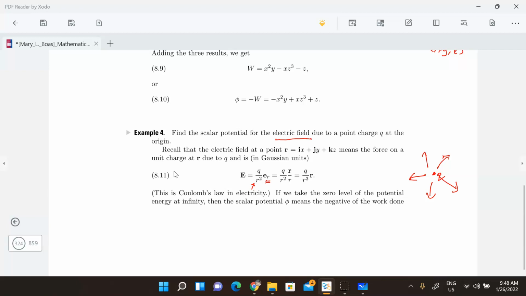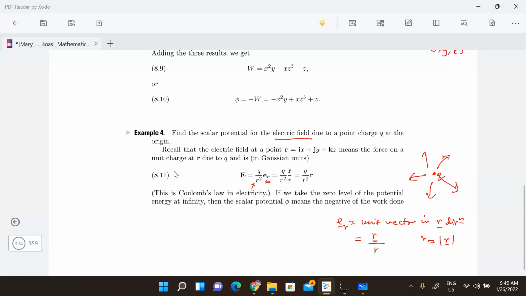But you can always convert this. You know that your e_r is just a unit vector in the r direction. Okay. And you can always do this by writing the vector r divided by your magnitude. r without the underline is your magnitude.